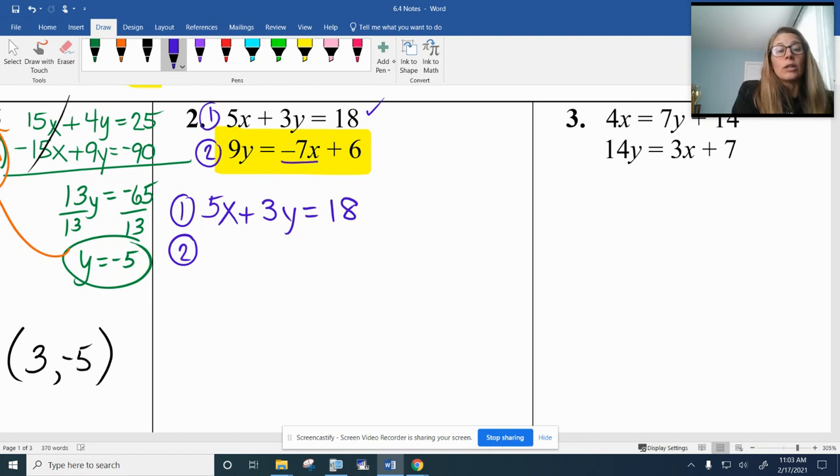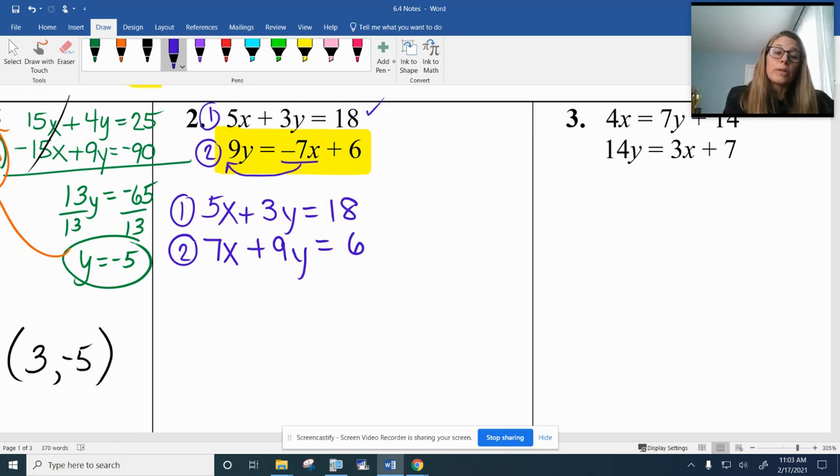My second equation, however, the x is on the wrong side. So to be in standard form, my x needs to be on the left and it needs to come before the y. But anytime you move something to the opposite side of the equal sign, you're going to change the sign. So this is going to become positive 7x plus 9y equals 6.